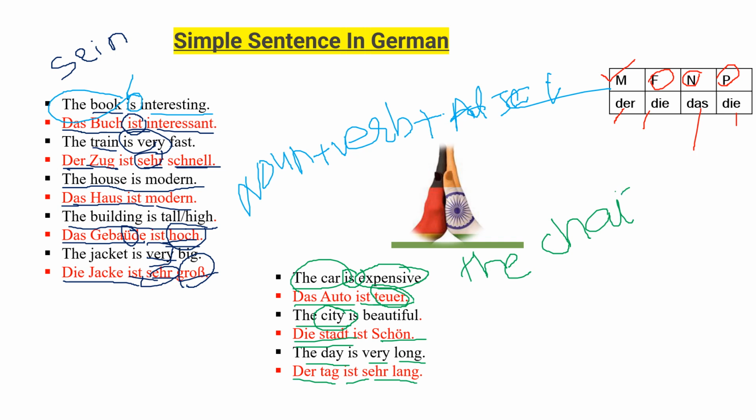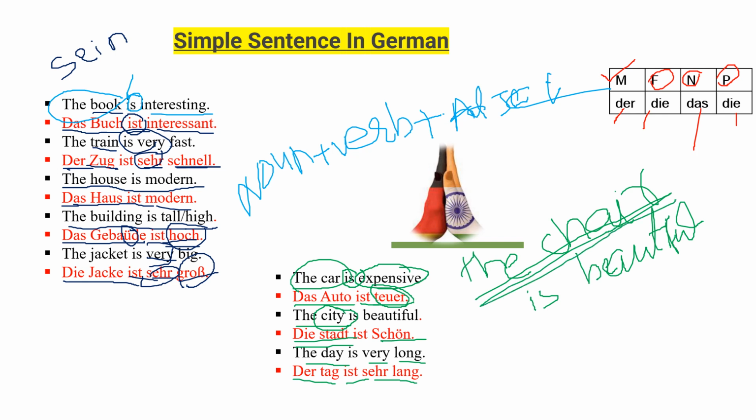Suppose this is the sentence and you have to translate it. What do you need to remember? Chair. You have to check whether the chair is masculine or feminine, right? So you need to know the vocab of chair.